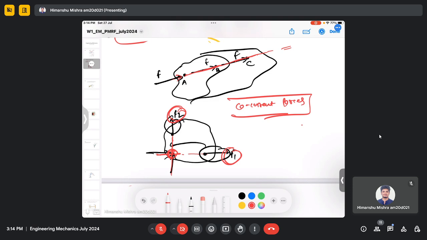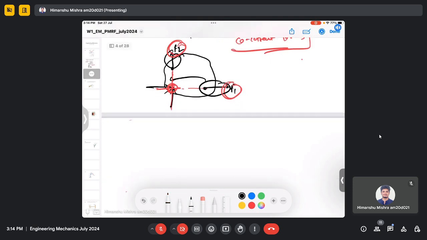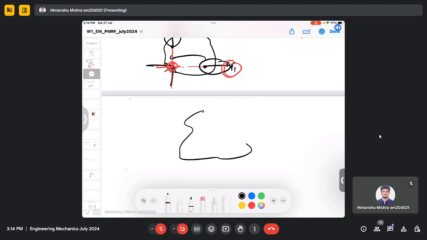Okay. Now, having said that, let's say you have a body here, and you have a force here, F1, and there is a force here, F2. Now, you have two forces which are exerting on the body, F1 and F2.